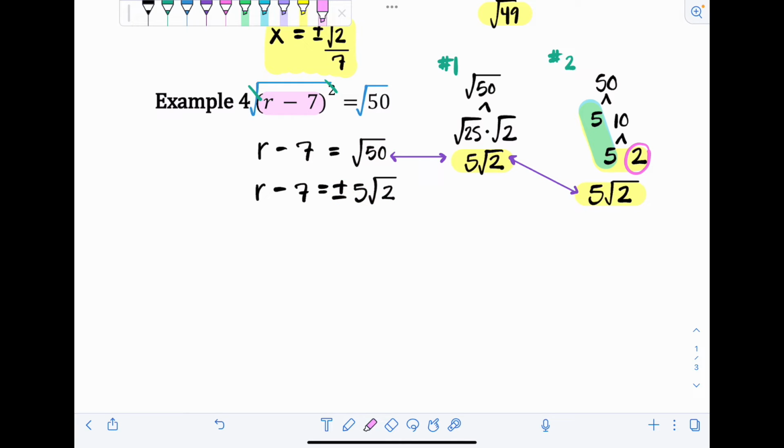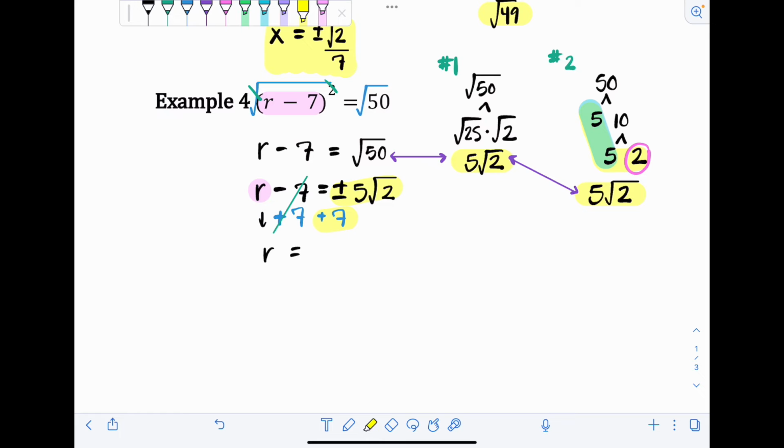Okay, and then the last thing is we always want to get our variable completely by itself. So now I have to undo that 7 that's being subtracted. To undo minus 7, I would add 7, and then I would add 7 over here. So bring down the r, and negative 7 plus 7 cancels out. Bring down the equal sign. And then I'm not gonna lie, this part looks pretty weird.